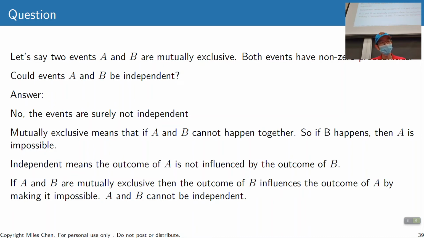Another way to think of this is that A is influenced by the outcome of B, meaning that if B happens, we know A cannot happen. There's some kind of relationship. It's not necessarily that one causes the other, but if we know that B has happened, we know A cannot also have happened. So if A and B are mutually exclusive, they cannot at the same time be independent of each other.